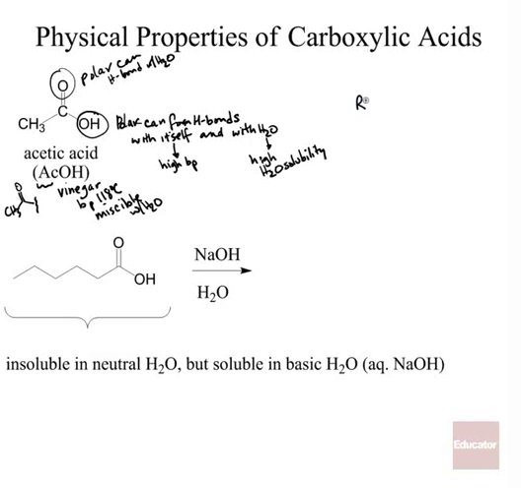Okay, so when you see the RCO2H, that's how we abbreviate the carboxylic acid. When you see that functional group, it is an extremely polar functional group. And remember, it has that resonance that we looked at on an earlier slide, that makes it even more polar with partial positives, partial negatives. Okay, so it's an extremely polar functional group.